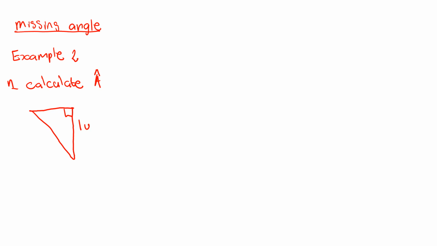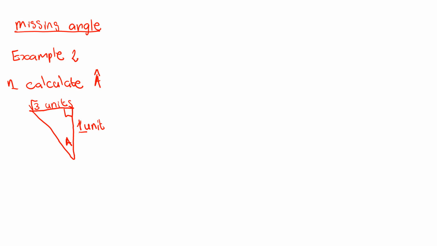They say this is 1 unit, your 1 unit right there. Then they say square root of 3 units, then they give you your A, which you're supposed to find. Say that angle right there is A.